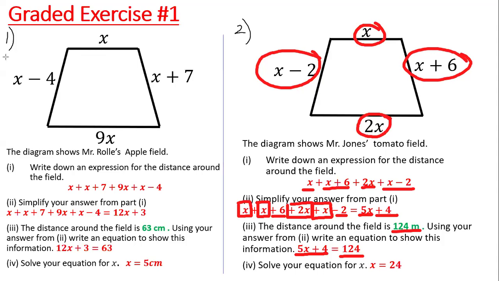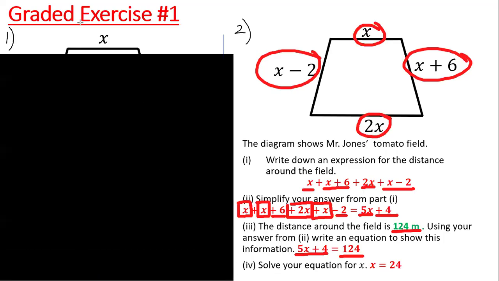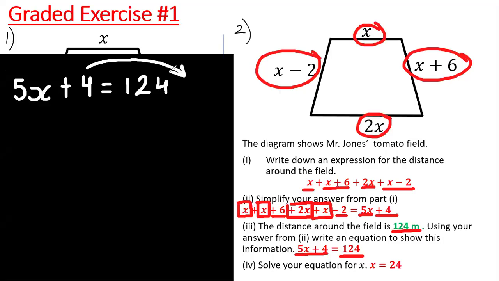So we're going to say 5x plus 4 is equal to 124. What's the first thing we're going to do? We send the 4 over the equal sign.